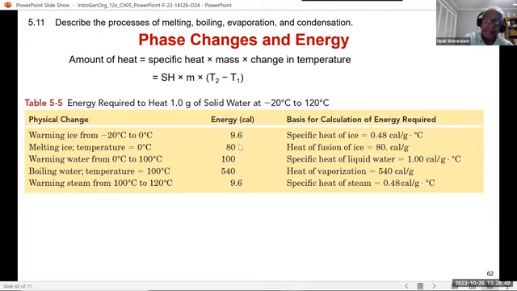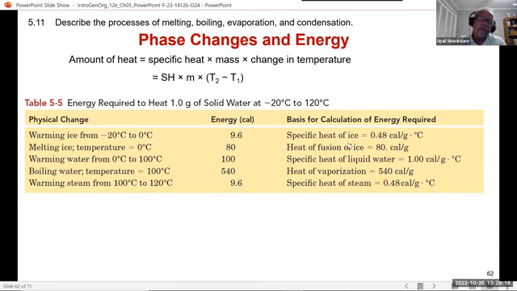Energy is absorbed to heat the ice from negative 20 to 0 degrees Celsius. Now from 0 degrees Celsius, we start to melt ice. When you melt ice, it's a phase change.